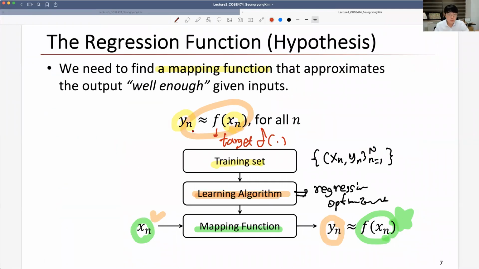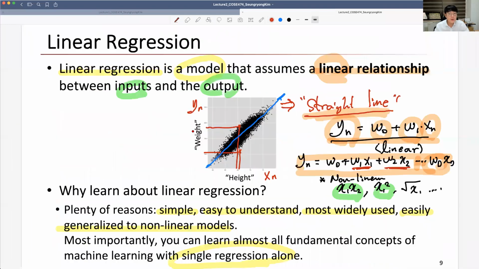To define the regression problem, first of all, we have to define the linear mapping function, for example, something like this one or this one.